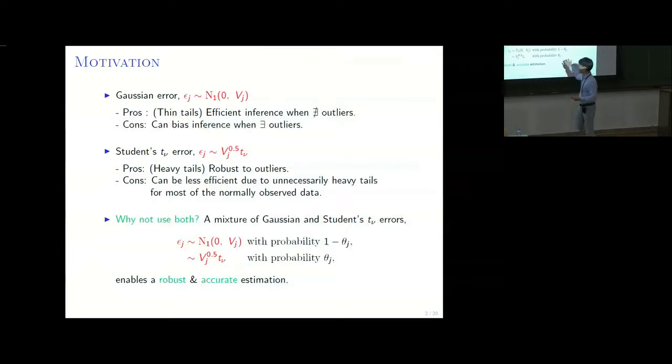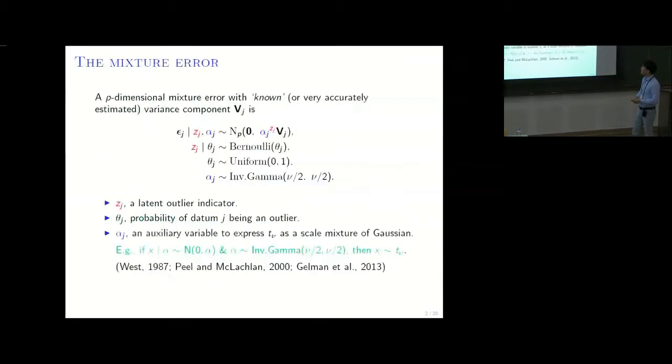With some probability, it becomes Gaussian error, and with other probability, it becomes T errors. So this is the mixture error model that I'm proposing. The first line is basically your Gaussian error model, and I multiply alpha sub j, whose power is zj, to the known variance component.